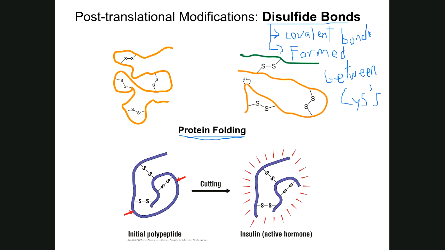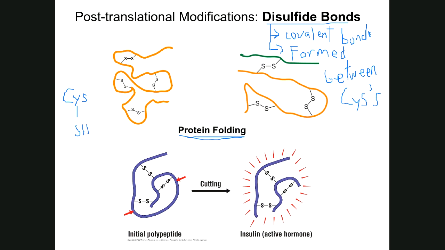So basically, in a single polypeptide or between two polypeptides, wherever you have the amino acid cysteine, in its R group it has a functional group known as a sulfhydryl group.